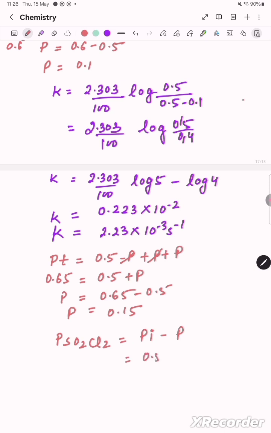So initial pressure 0.5 minus 0.15 equals 0.35. So that will be the pressure of SO2Cl2.